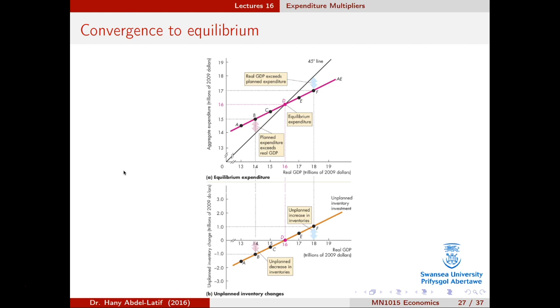So then when people receive more income, what are they gonna do? Exactly. So they're gonna spend some of these £100 on consumption and save the rest.